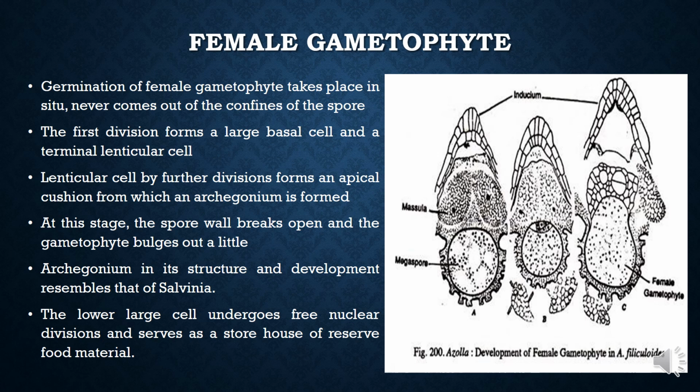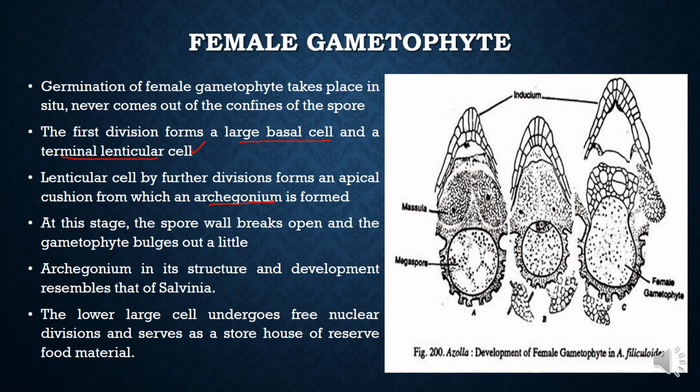When the megaspore is mature enough, there is dehiscence of the outer wall, and the inner content forms a very large basal cell and a small terminal lenticular cell by division. The lenticular cell takes part in the formation of the archegonium, which harbors the egg cell.